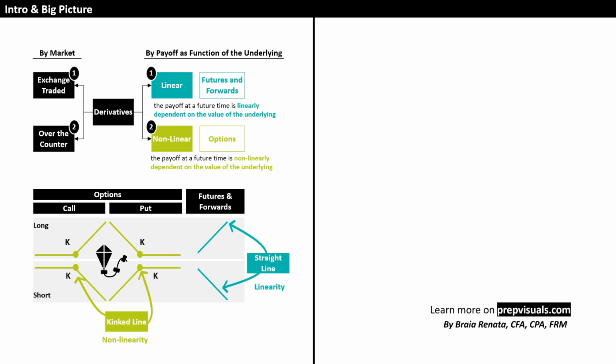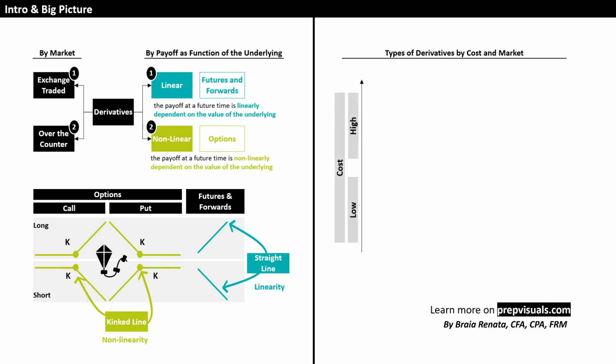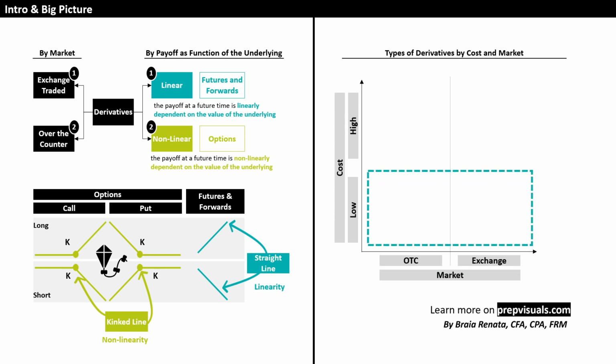Now, to keep things organized, let's classify these derivatives by cost and market, by having the cost on the vertical axis and the type of market on the horizontal axis. In the low-cost quadrant, we have futures as exchange-traded instruments and forwards as over-the-counter instruments.